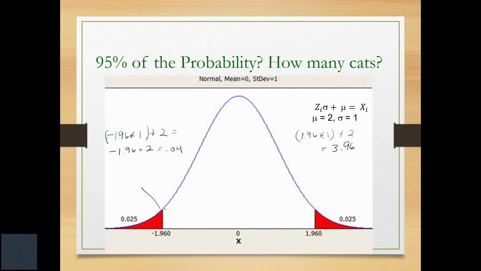Notice that nobody's going to have 0.04 cats or 3.96 cats. In statistics, you sometimes get numbers that aren't actually representative of the real things, but we would basically say we expect 95% of the time for them to have between 0.04 and 3.96. So is 6 unusual? Yes, because this point here corresponds to 3.96 cats, and she's way out here with 6.